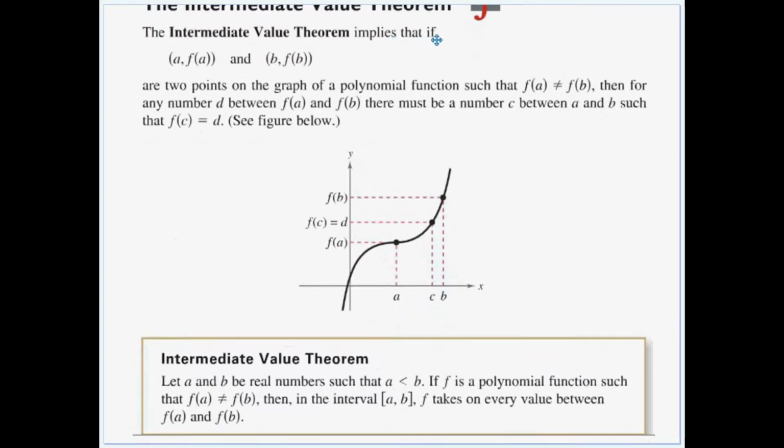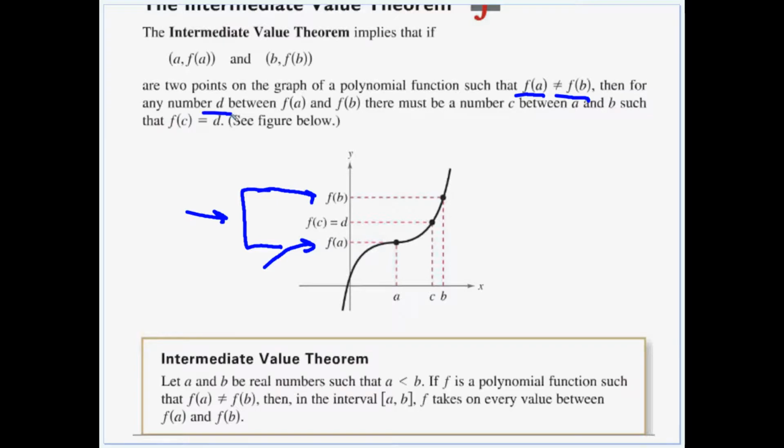So here the IVT implies that these points are 2 points on the graph of our polynomial function. And this is key here. f of a and f of b are not the same height. You know, f of a is down here, f of b is up here. It could be reversed. The point is they're not the same on the y-axis. There's some gap in between them.